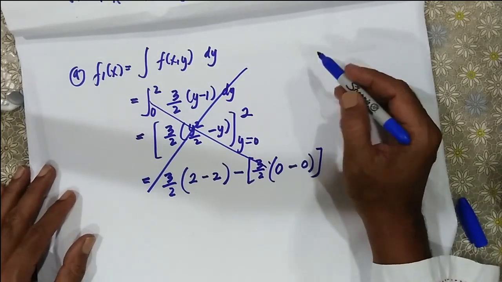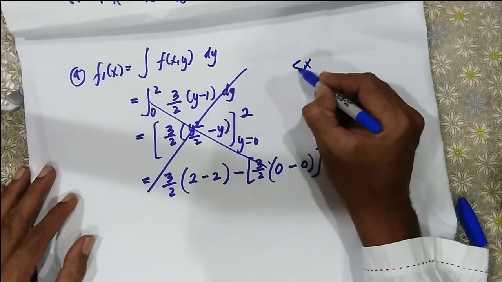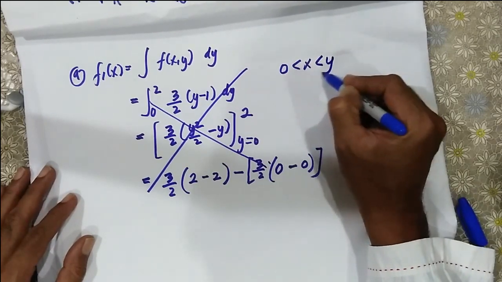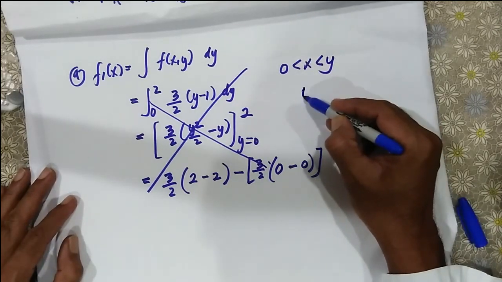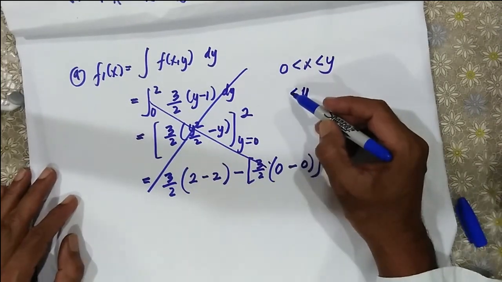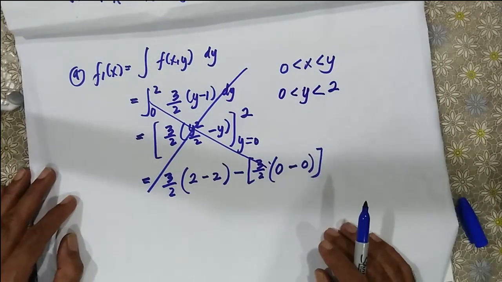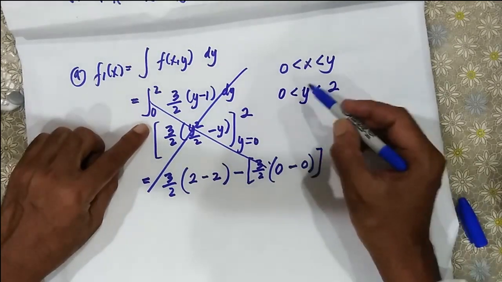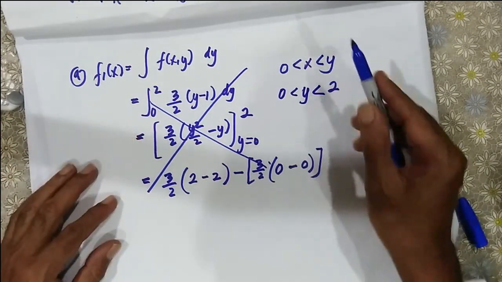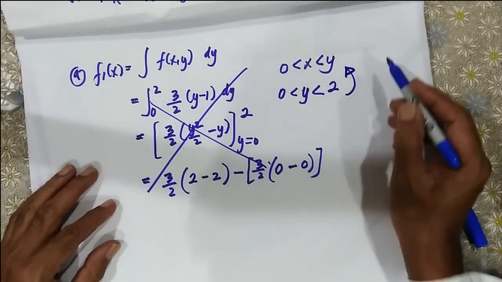So the limit of x is from 0 to y, then y is from 0 to 2. So we cannot simply take the limit of y here as 0 to 2, because this limit relates with the above limit.